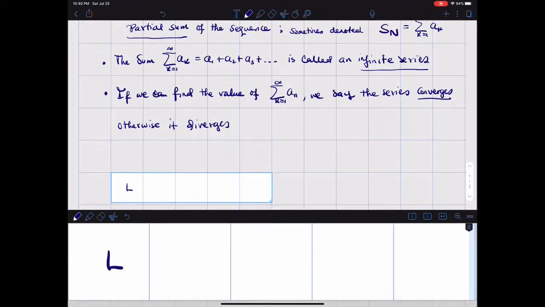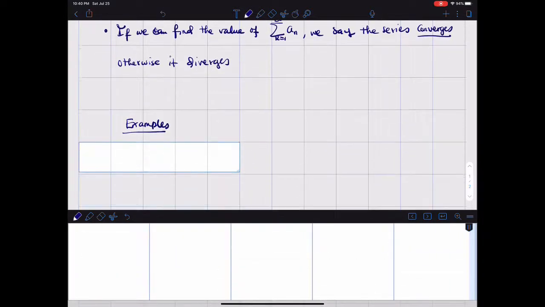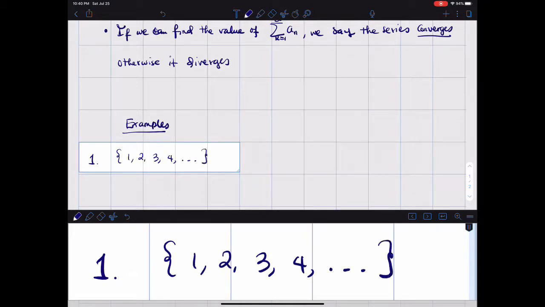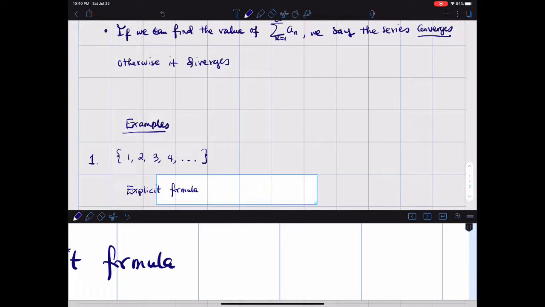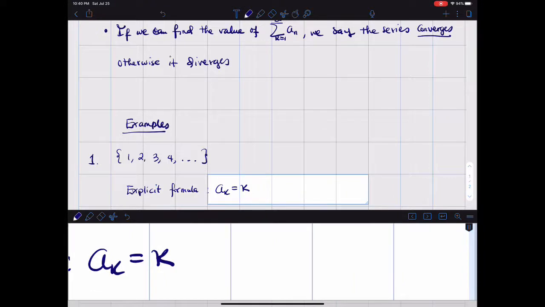Now let's look at some examples. So let's look at the sequence 1, 2, 3, 4, etc. A very simple sequence. If you remember the last time we talked about the explicit formula, Ak is just k, with k going from 1 to infinity.